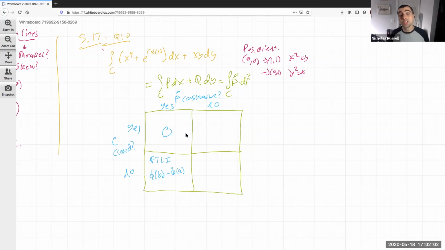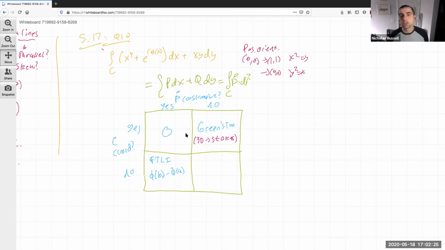If F is not conservative, but my curve is closed specifically, I can then use Green's theorem. Or if I'm in 3 dimensions, that's Stokes' theorem. Same idea. Green's theorem is just a 2-dimensional version of Stokes.